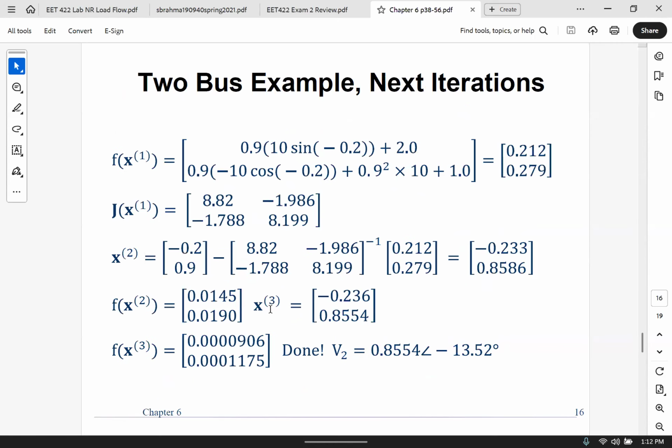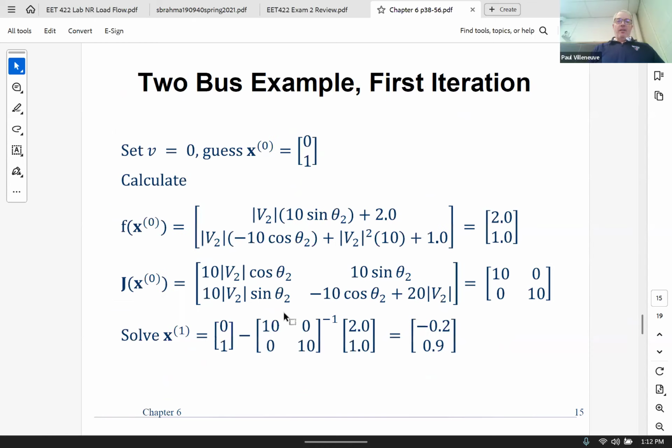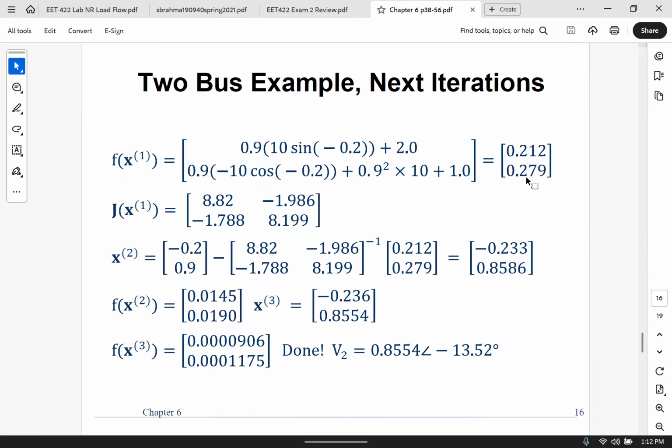Next one. Okay, so you have on the second line down the JX1, the 8.82. Yeah, I was trying to get in more practice, but I couldn't quite figure out where that came from, and I wanted to get that process embedded. So this is my Jacobian, right? My generically written Jacobian, 10 V2 cosine theta 2, et cetera.